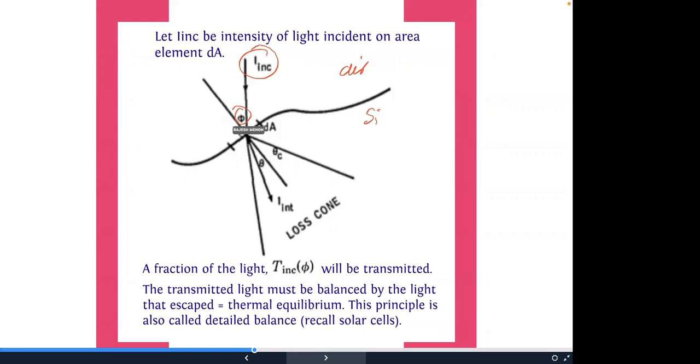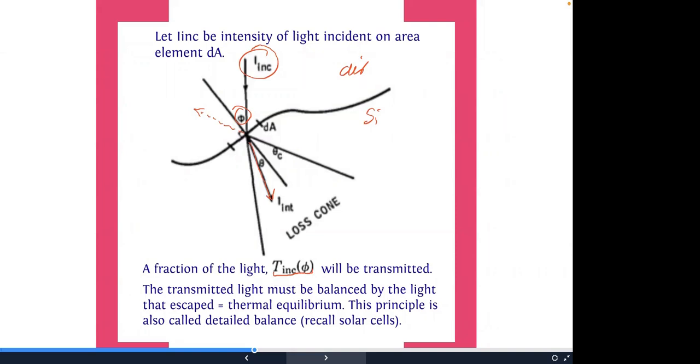What's going to happen, of course, is part of the light is refracted in. Part of the light is reflected, which is not shown. The loss and the escape cone are shown as well. The fraction of the light, T incident phi, will be transmitted. Phi is simply the incident angle, so it's just saying that it depends on phi.